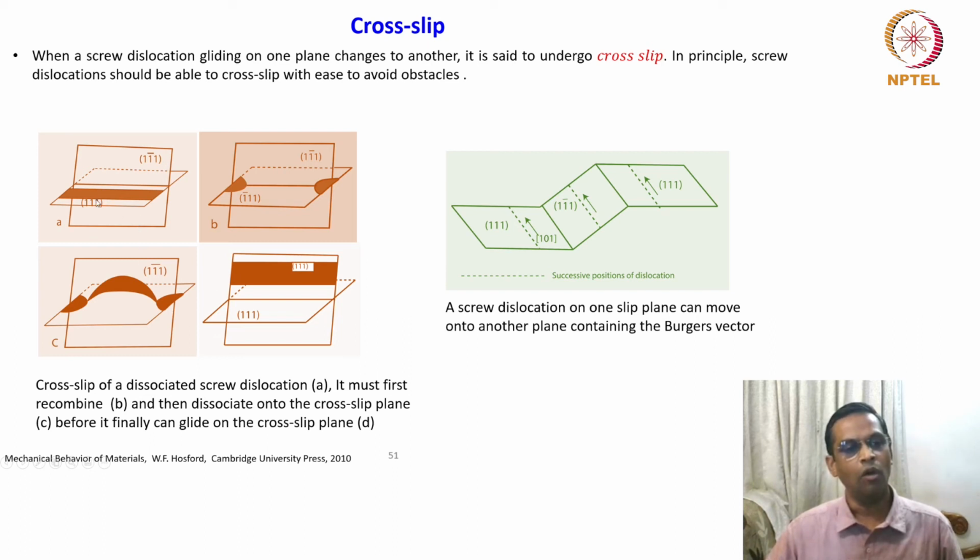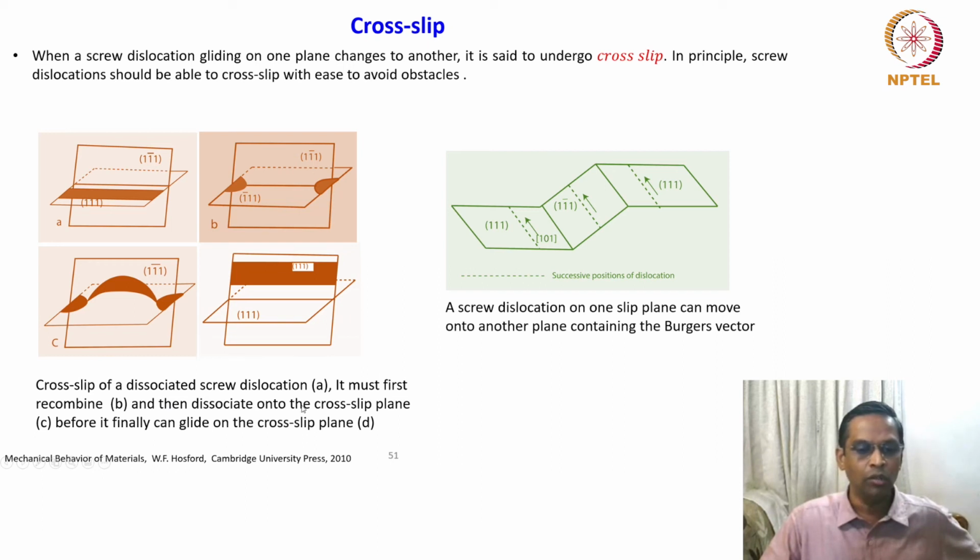But how these dissociated dislocations will move in these circumstances is the question. The dissociated screw dislocation will not just cross slip like that, but it must first recombine. So it must recombine this way and form a single unit dislocation.